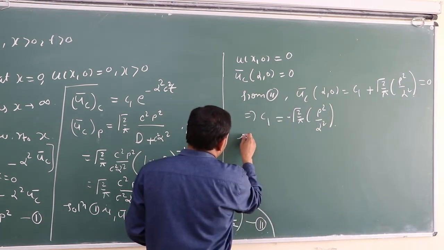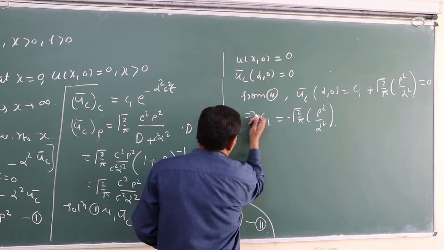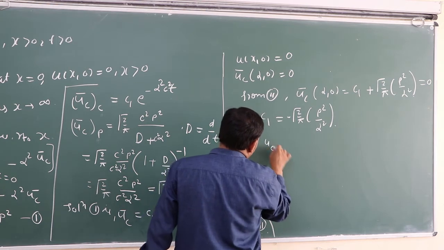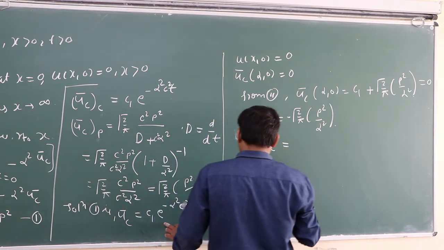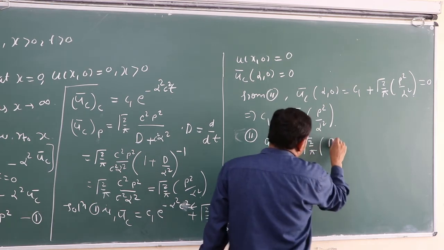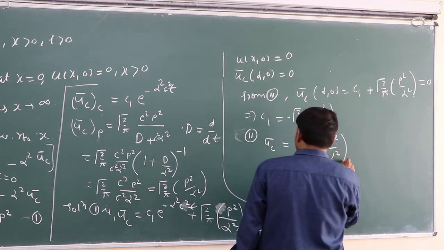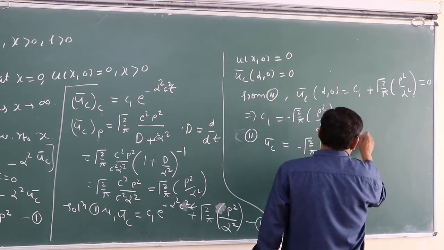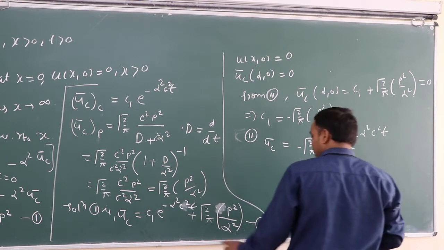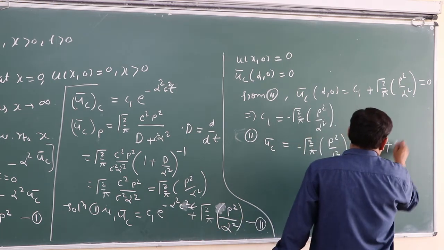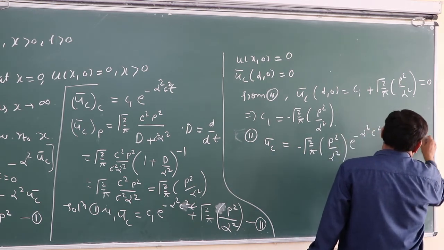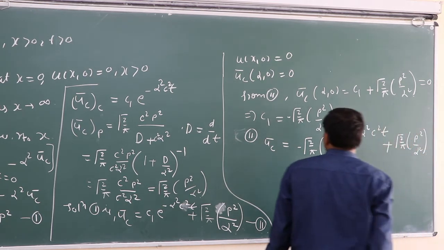So from 2 we simply get u_c bar equal to minus under root 2 upon pi p square upon alpha square e to the power minus alpha square c square t plus under root 2 upon pi p square upon alpha square.